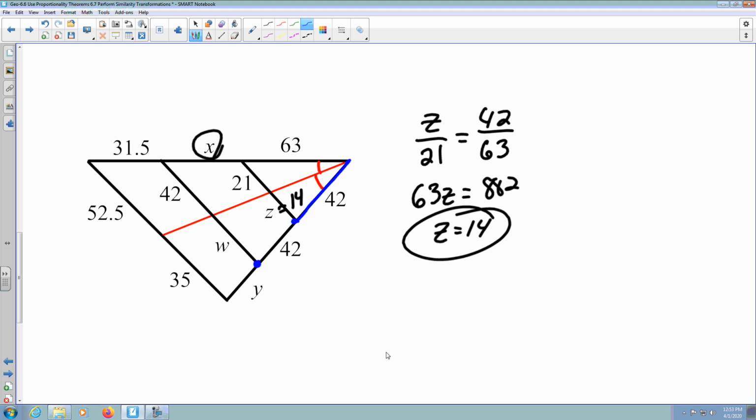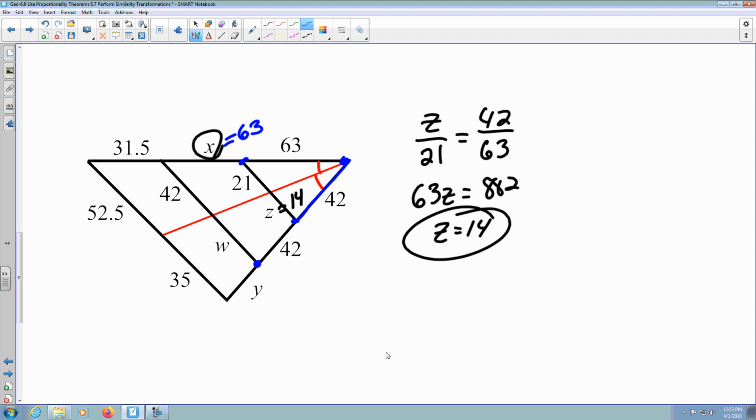They're both 42. So that means that if I have the distance from here to here being 36, I'm sorry, not 36, 63, the distance for x is going to also be 63.